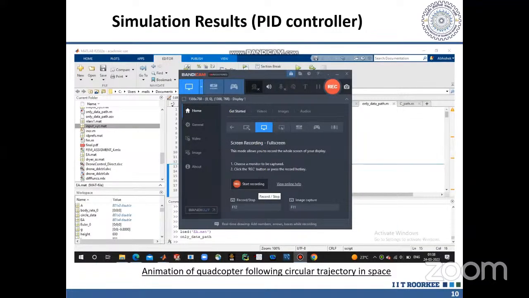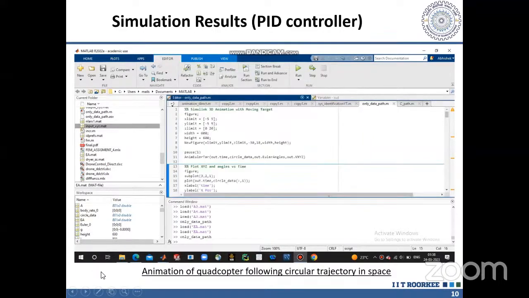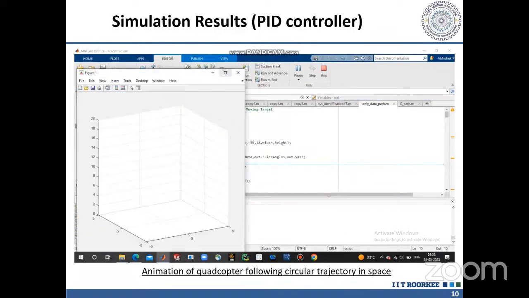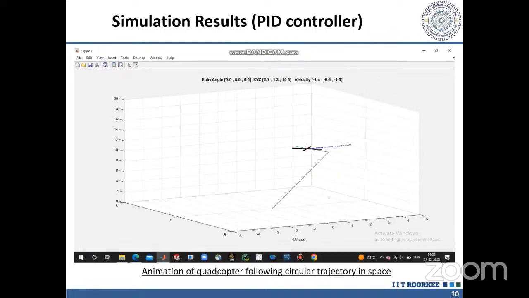So these are the other parameters which we are taking. Here you can see when we conduct the simulation, this is the simulation based on the PID controller.